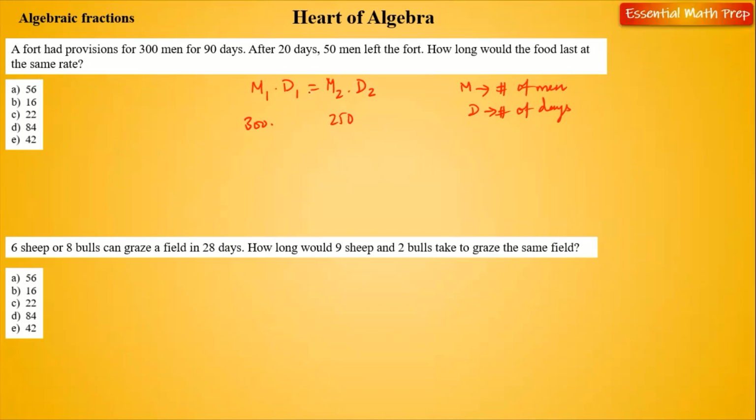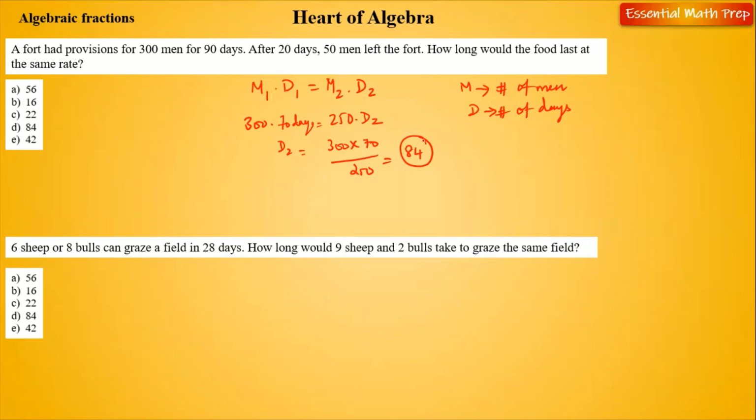But at the same time, we've started with 90 days, and after 20 days, that means our new D is 70 days. And we're asked to determine how long would the food last. That means we don't know D2. So D2 would be 300 times 70 over 250, which is 84. So the food would last 84 days. I don't think you can solve this problem any faster than this method.